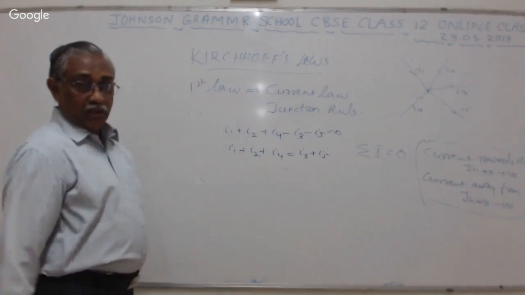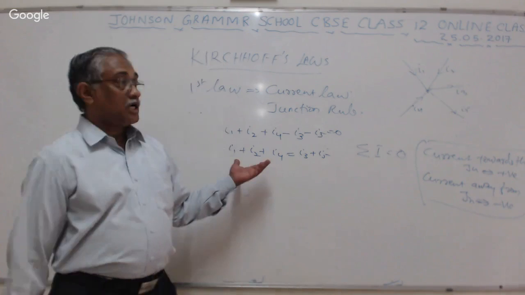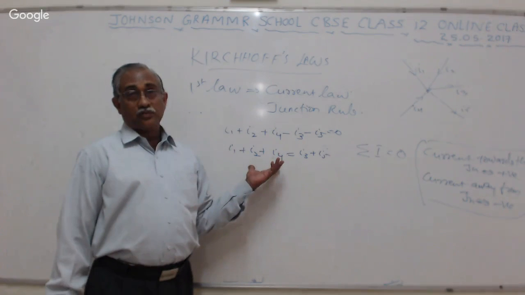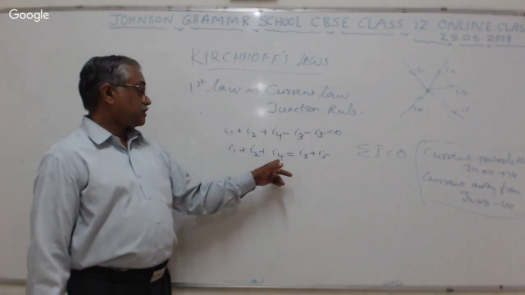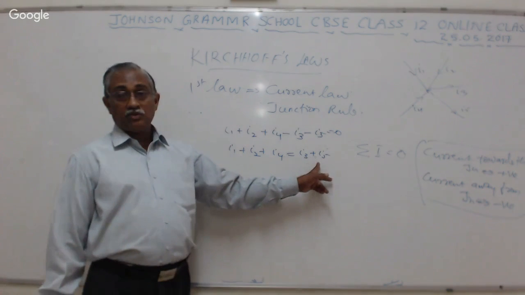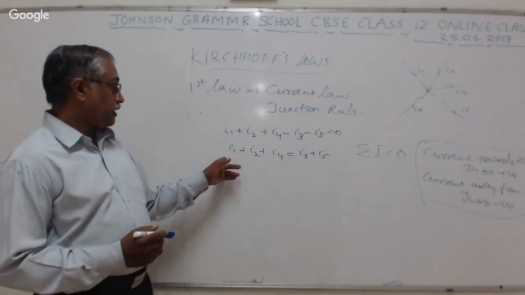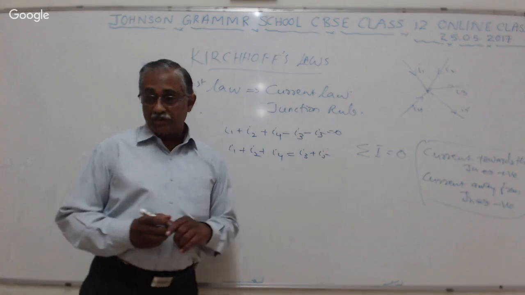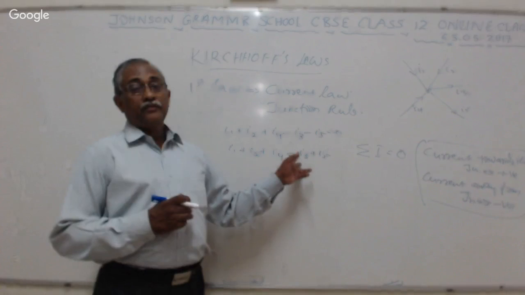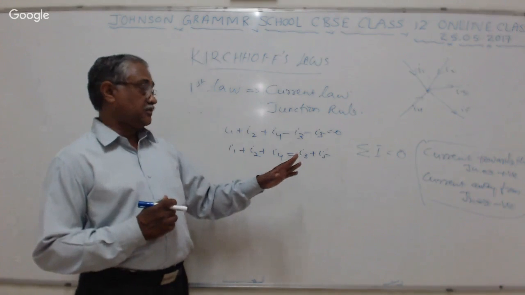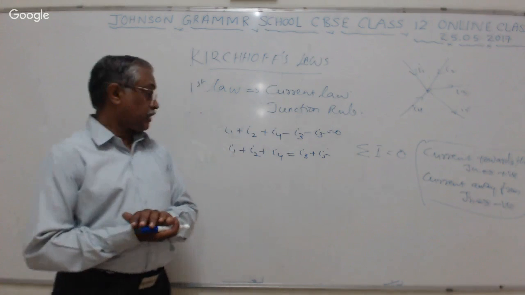So how do we prove that case? How can you say that the charge does not reside, that it is conservation of charge? It means you have to show that Q1 plus Q2 plus Q4 is equal to Q3 plus Q5. Is it possible? We simplify this equation to prove that this law follows the law of conservation of charge, meaning charge is not accumulating or residing in a junction in a network.